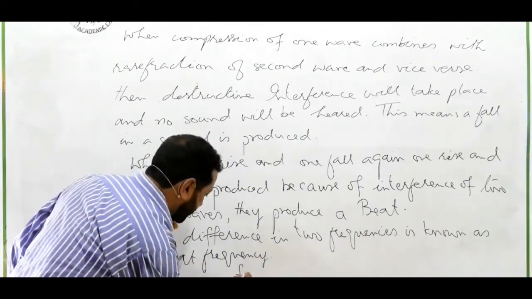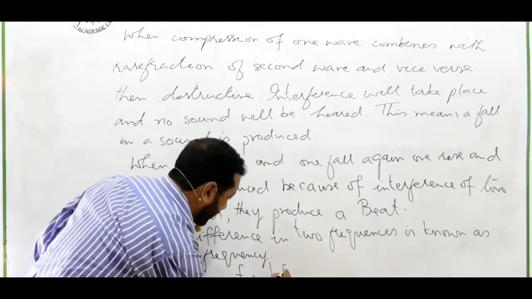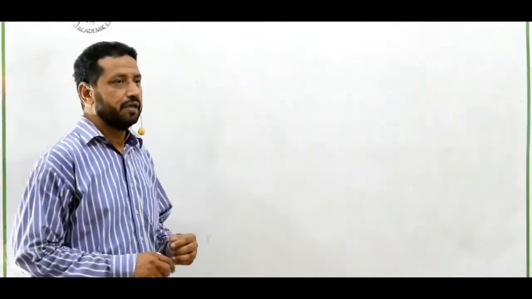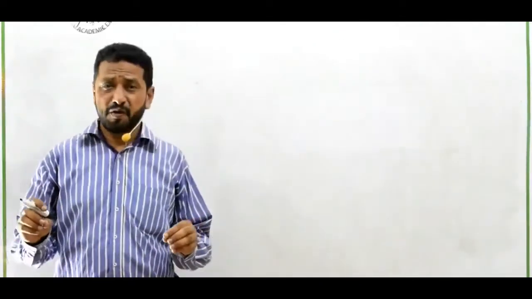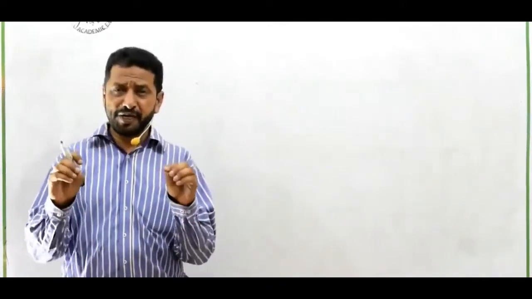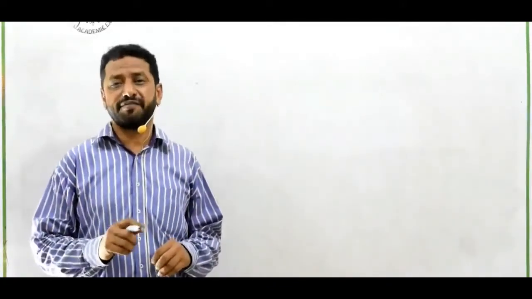So beat frequency, B, is equal to F1 minus F2. The maximum beat frequency that the human ear can detect is about 7 hertz.